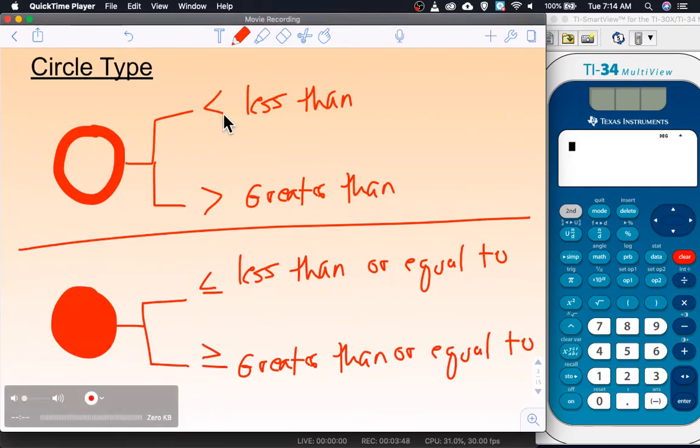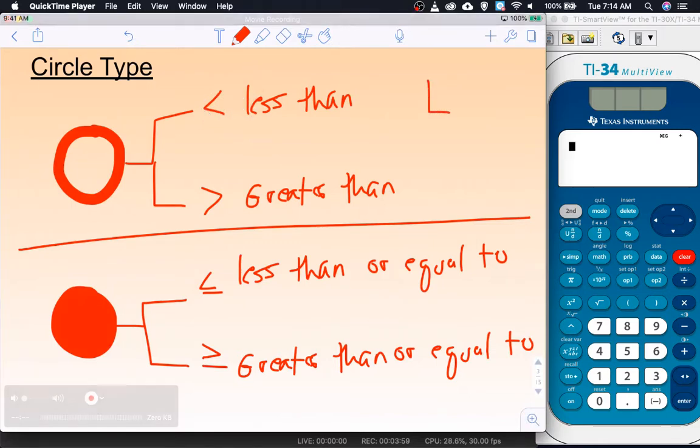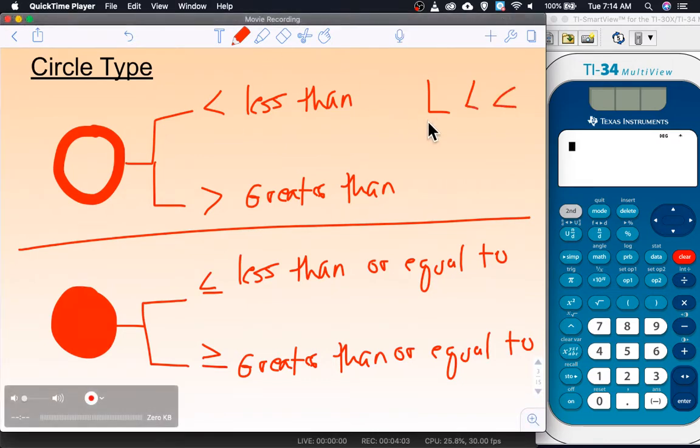If you have trouble remembering which one is a less than and which one is a greater than, one strategy I use is that a less than looks like a capital L. Here's a capital L and here's a less than, or if you make it a little bit more bendy, L, less than.